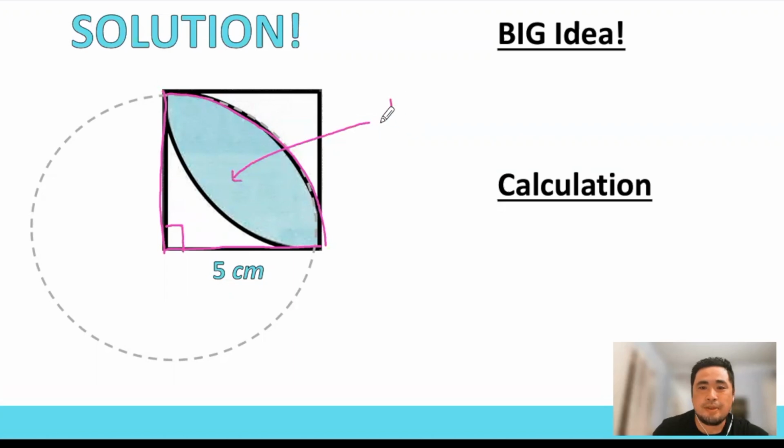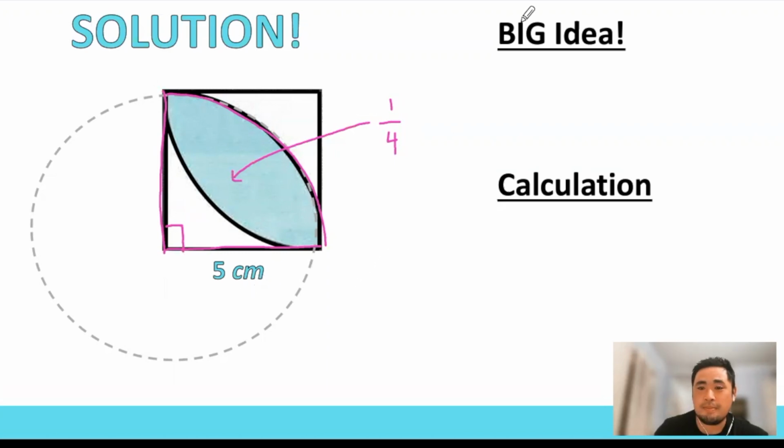This entire pink region is equal to 1/4 of the circle. And the 5 centimeters here, which was the length of the square, is actually also the radius of the circle, which is equal to 5 centimeters.